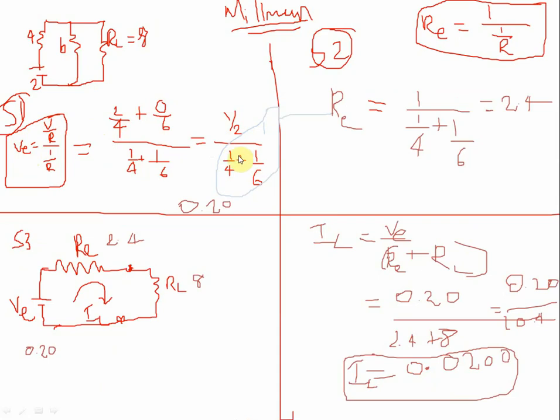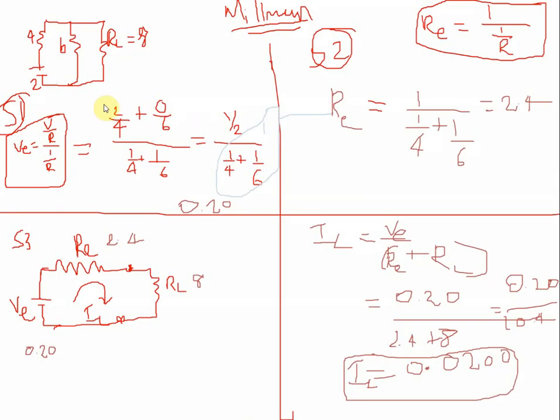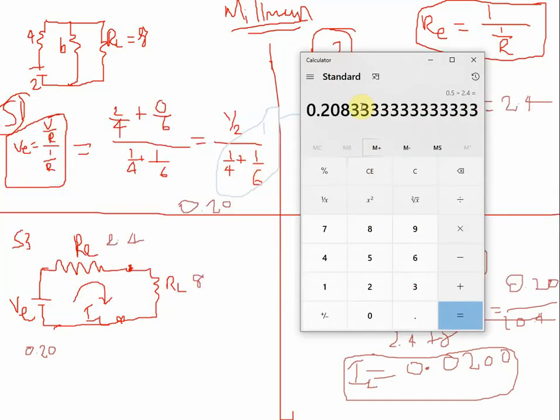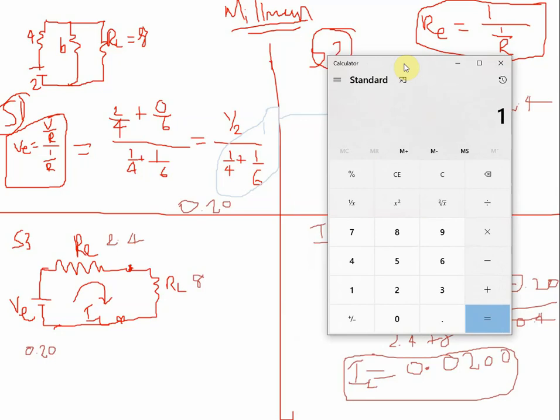Then RE. The problem in Millman is a calculation mistake. In the denominator we implement 1 by 4 plus 1 by 6. Use the calculator. 1 by 4 means 0.25. 1 by 6 plus 0.25, that is the denominator: 0.416.